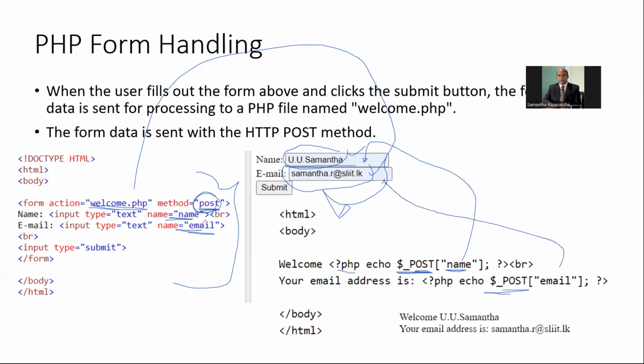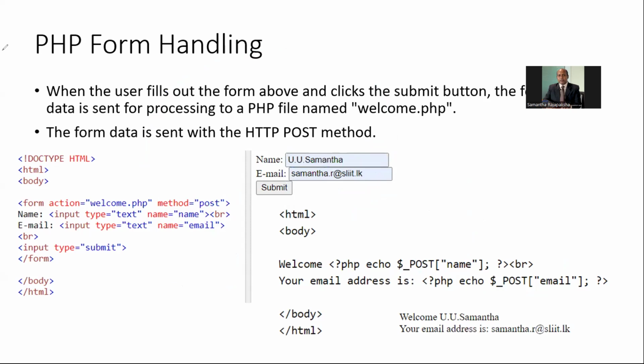So by using that, you can get the two values of the page you have entered, and that will be displayed in the page as a welcome to your name, and your email address is this one. That is how you can get multiple values from the web page and pass them to another page.